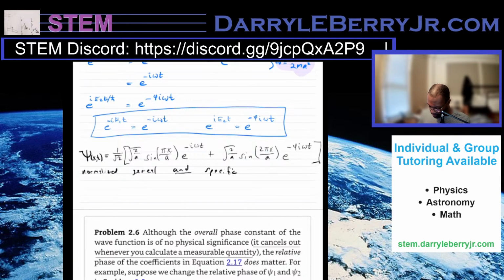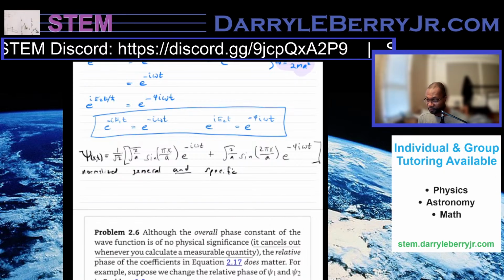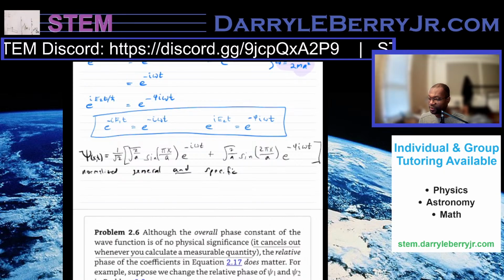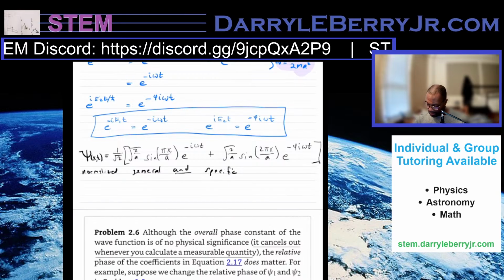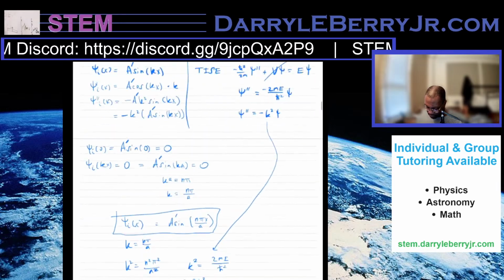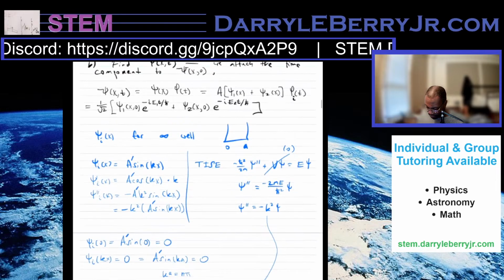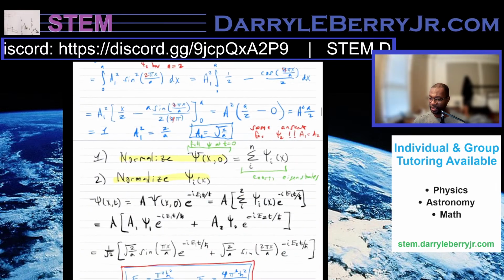I think that's official terminology, but that's how I will call it. All right, so we have that worked out. And what I'll do is take a break, and then we'll come back and do the psi squared. So I'll see y'all in a bit.